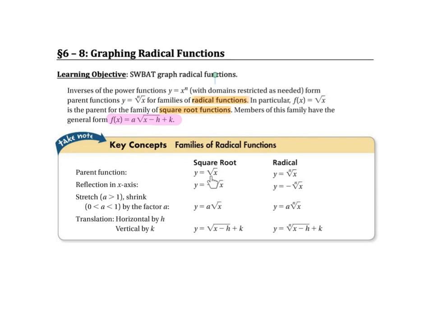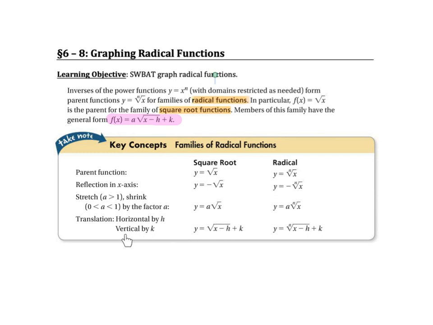So here is our parent function. If you have a negative in front of the parent function, it reflects it on the x-axis. If you have an a in front of the square root, that is going to be a shrink or a stretch factor. Keep in mind, it is a stretch factor if it is greater than 1, and a shrink factor if it's between 0 and 1.